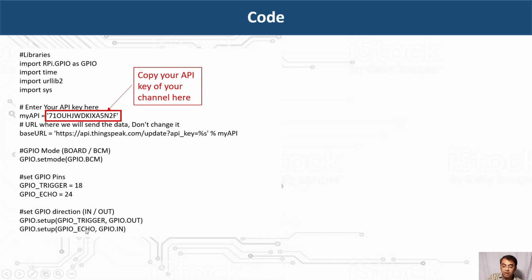Guys, you can see in GPIO setup, trigger is output pin and the echo is input pin, and the trigger pin number is 18 over here because in my implementation I use 18. And this echo pin is 24, and this is the base URL. Why we have to add my API key, that's the right API key.